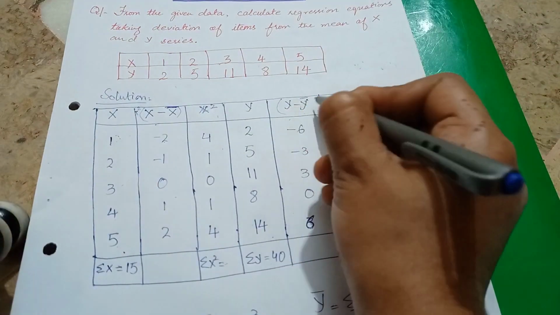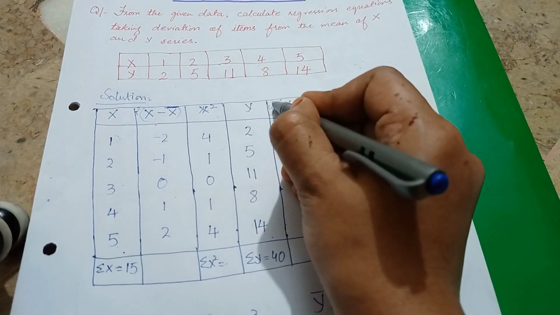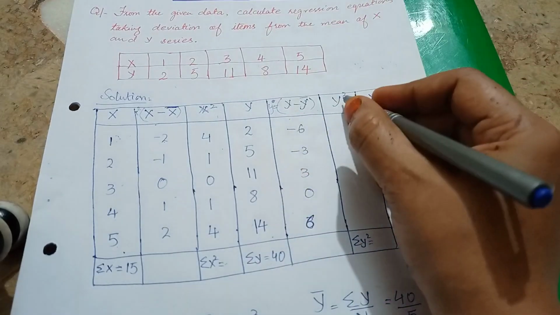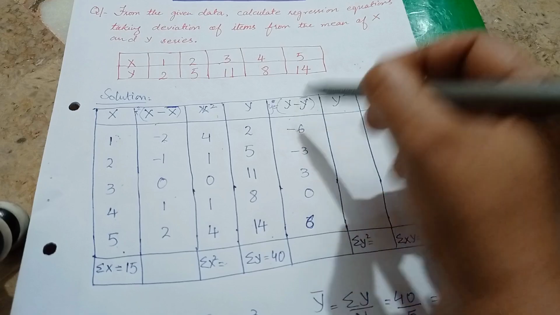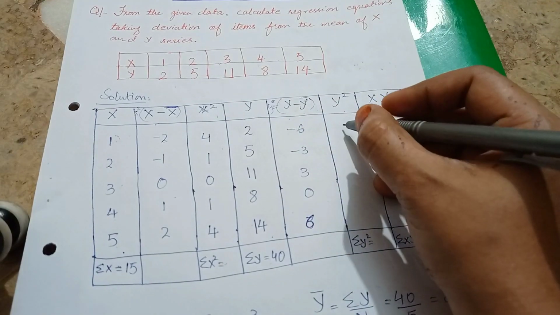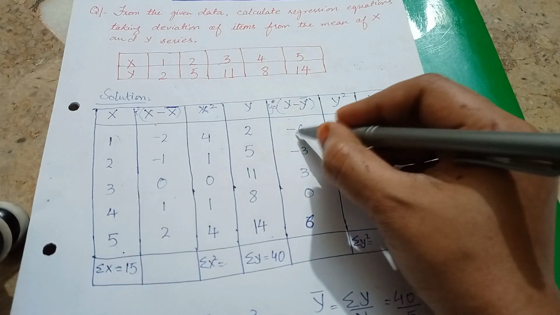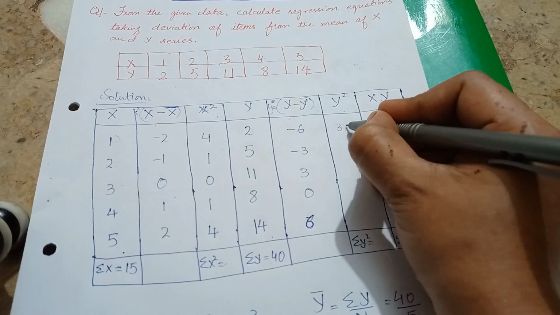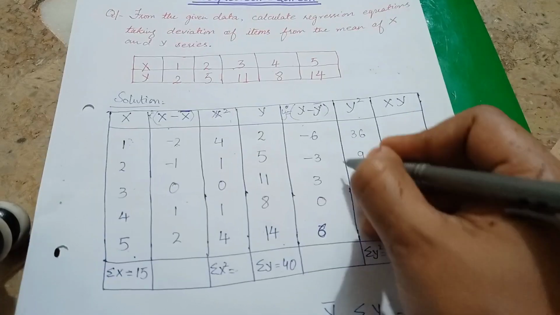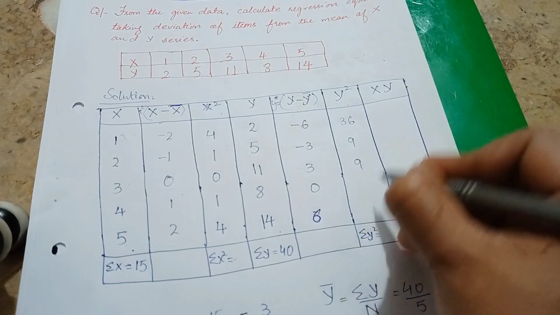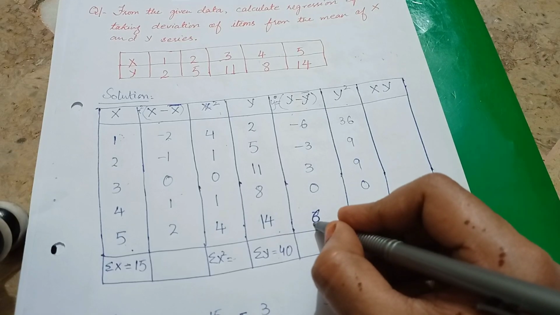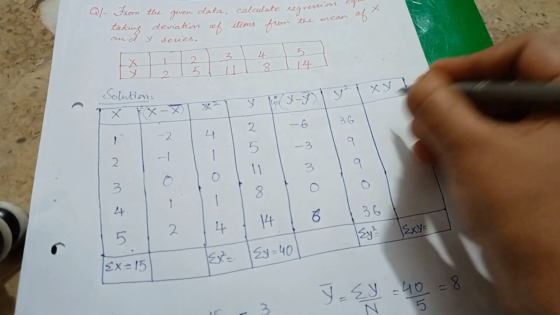So we can say here y, and we will take these values squares. So minus 6 square will be 36, minus 3 square 9, 3 square 9, 0 square 0, square of 6 will be 36.